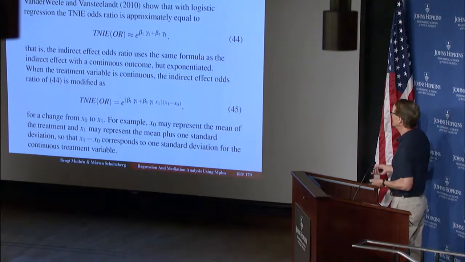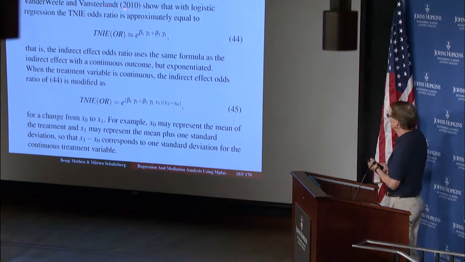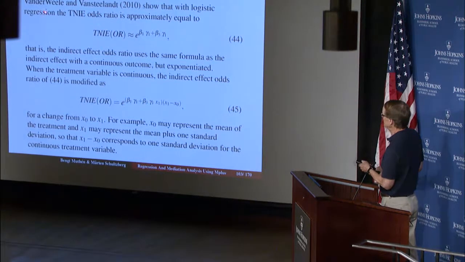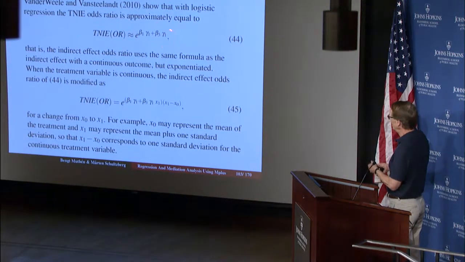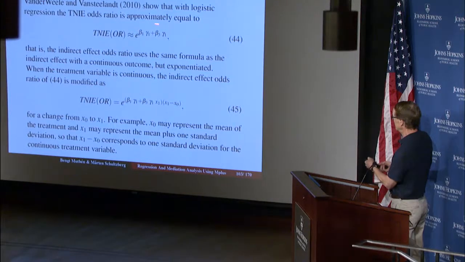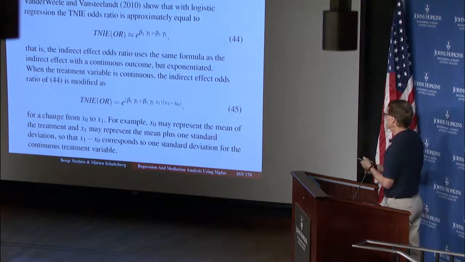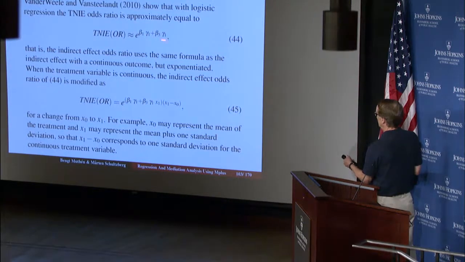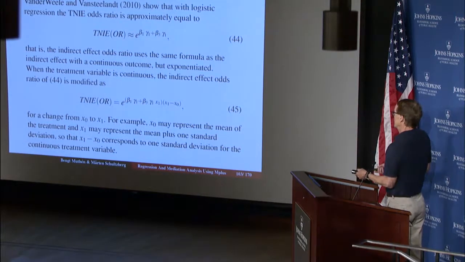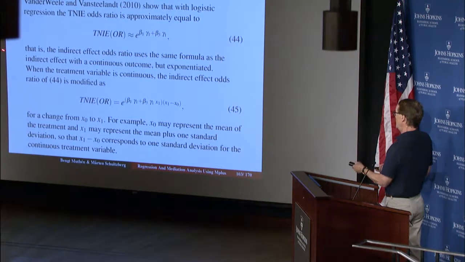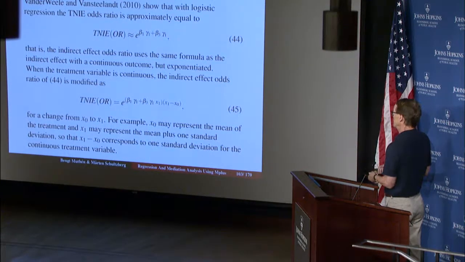Now, Van der Weele and VanderWeele showed in an article that with logistic regression, the odds ratio that we just talked about is approximately equal to e to the power of an expression that looks very much like the usual indirect effect expression, beta times gamma, and then a moderated term as well. So it's an indirect effect formula except exponentiated, e to the power of that.